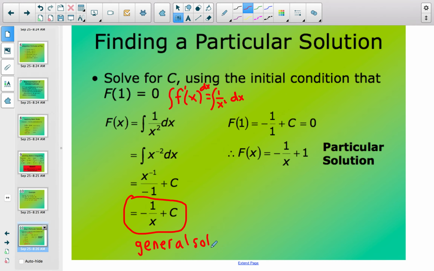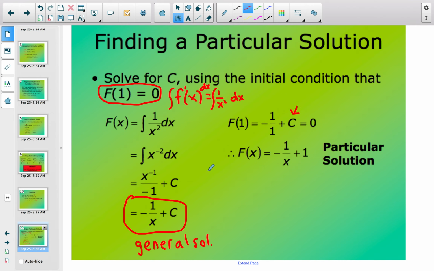But now in order to solve for that, we need this initial condition in order to get a distinct function, right? And so it says f of 1 is equal to 0. We go through and solve for that. We solve for our c right here.